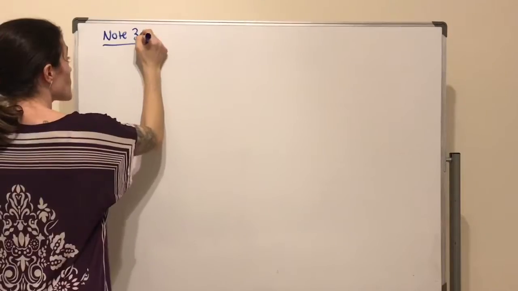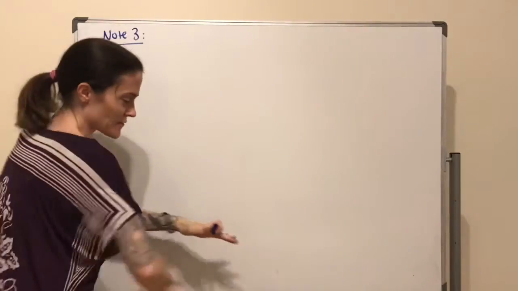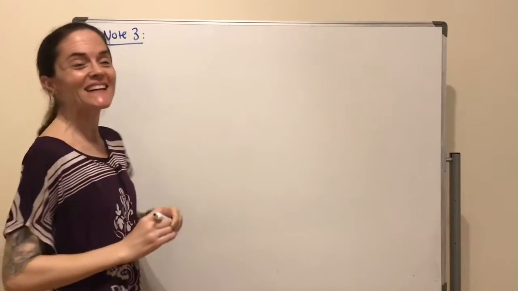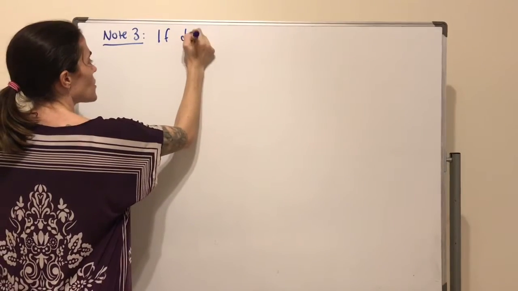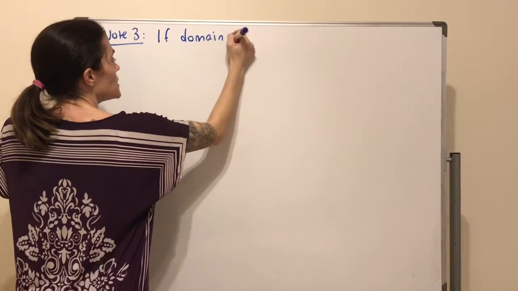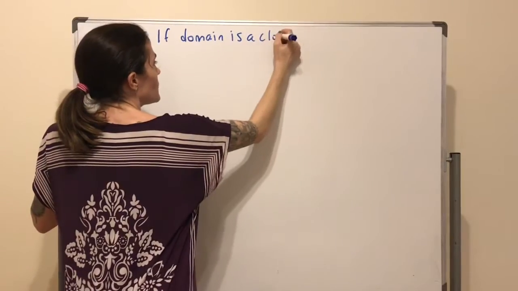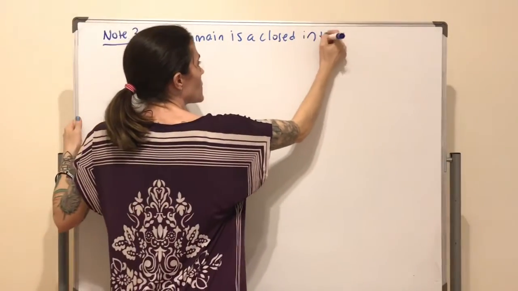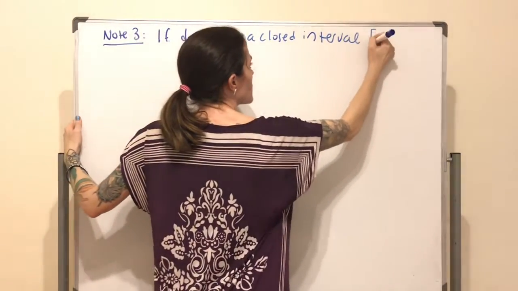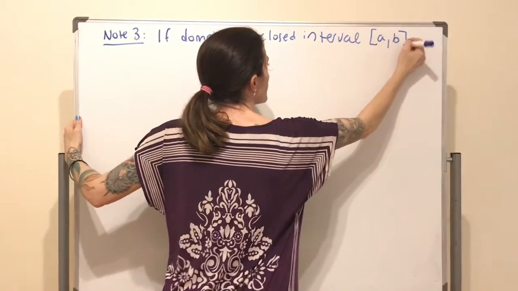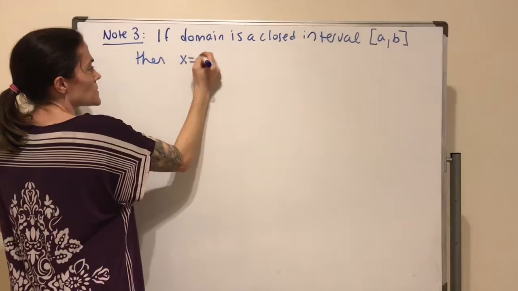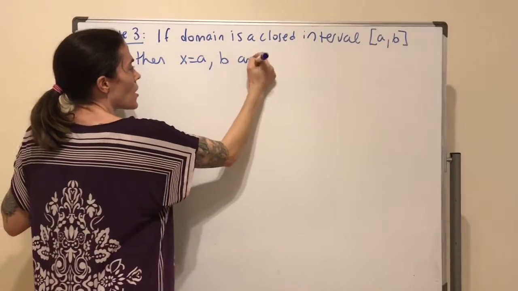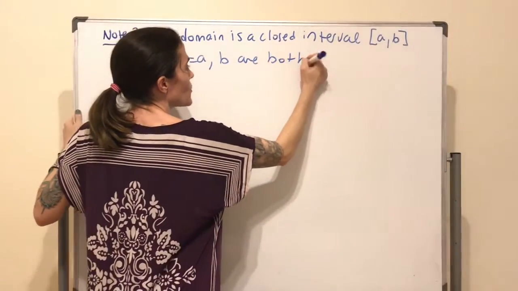Okay? Maybe my third note, if I could have kept writing below, I would have. My third note is if you take the domain to be a closed interval, a to b, then x equals a and b are both critical points.